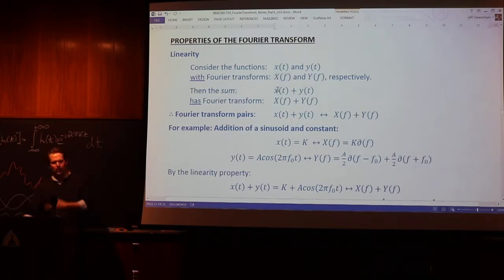What if I ask you, okay, well now compute the Fourier transform of the sum of these two signals? Wondrous. You might have even guessed, but you should prove it, right? The Fourier transform of the sum of those two signals is the sum of the Fourier transforms. And so the Fourier transform pair of that sum is the sum of the Fourier transforms.